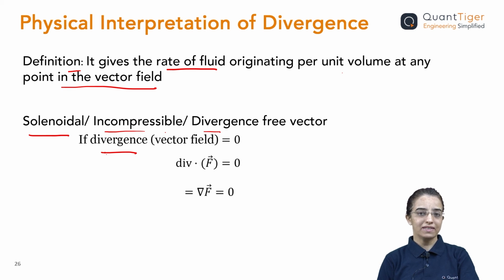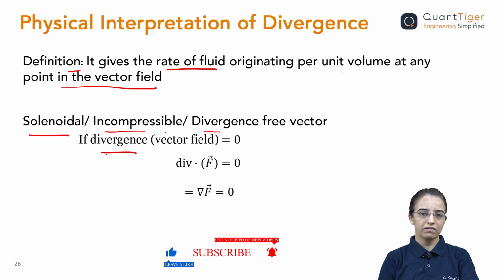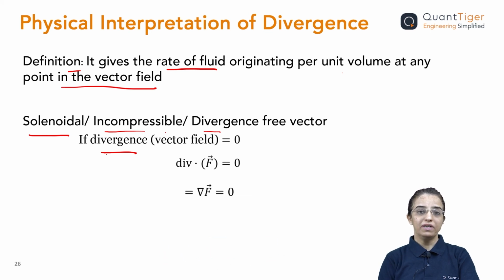That is when we say that the volume of the vector field is remaining constant. That is why the divergence is giving 0, and that is when we say that it is divergence free or incompressible.